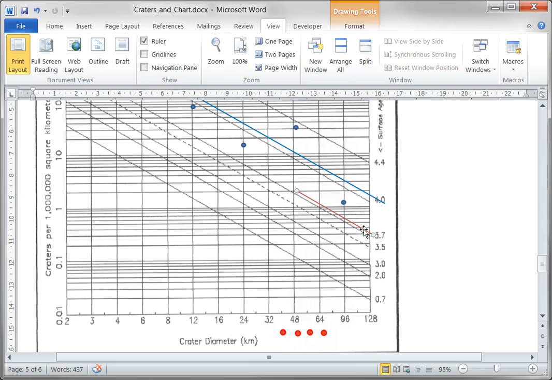And these two values, where I've placed the line right now is at about 3.7. So let's say, for example, your values are 4.1, 3.7. Those are the ages that you record on the next page and use to answer the remaining question. And hopefully that clears up any uncertainties you may have about this assignment.